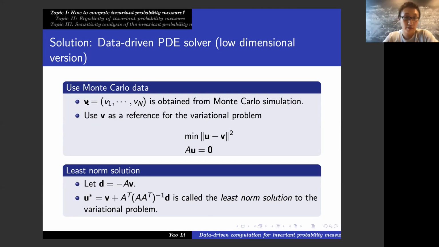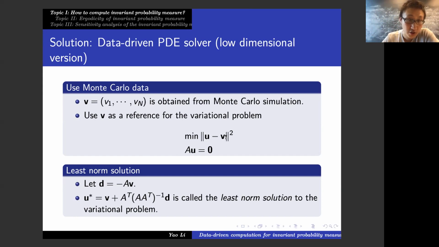So let's solve a variational problem. Subject to AU equal to 0, which means you let this discretized Fokker-Planck operator act on your solution and it should give 0. This gives you a low dimensional hyperplane. And you are going to minimize the difference of U and V under the constraint that you are on this hyperplane.